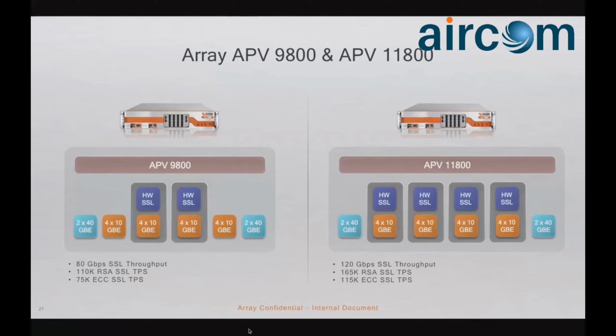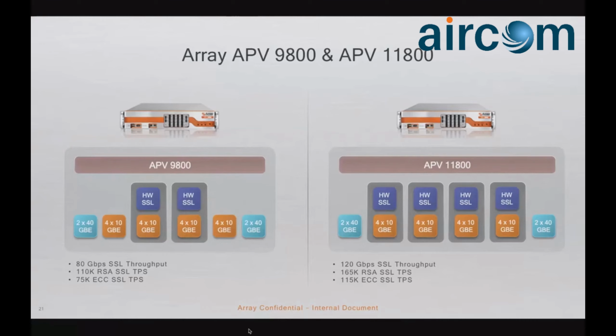The first thing is Array's ability to support not only RSA ciphers, but also ECC ciphers, at a scale that's unmatched by any of the competition. I'm giving you an under-the-hood look here at 2 of our high-end ADCs and the hardware accelerated crypto capability on board.